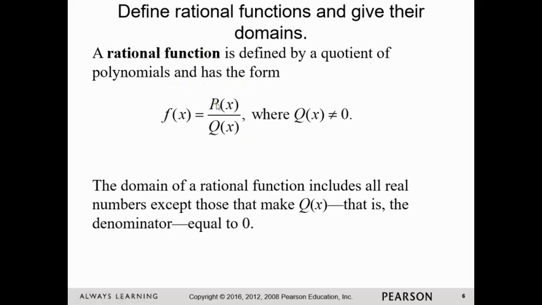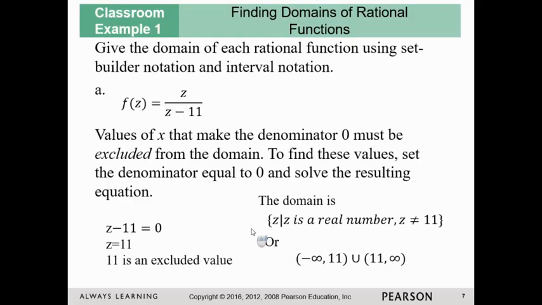So we have p of x over q of x, and remember, q of x cannot equal zero. When we talk about the domain of a rational function, that includes all real numbers except those numbers that make q of x, the polynomial in the denominator, equal to zero, because then we would have division by zero again.